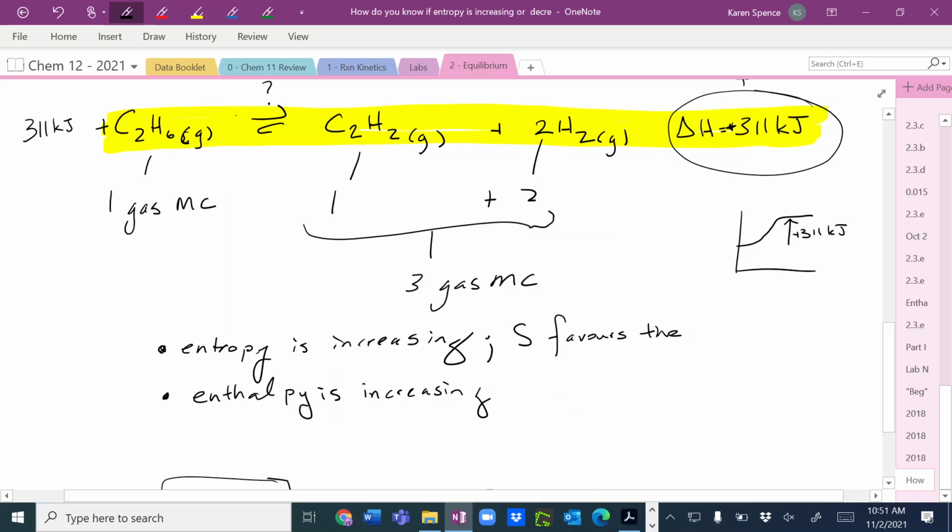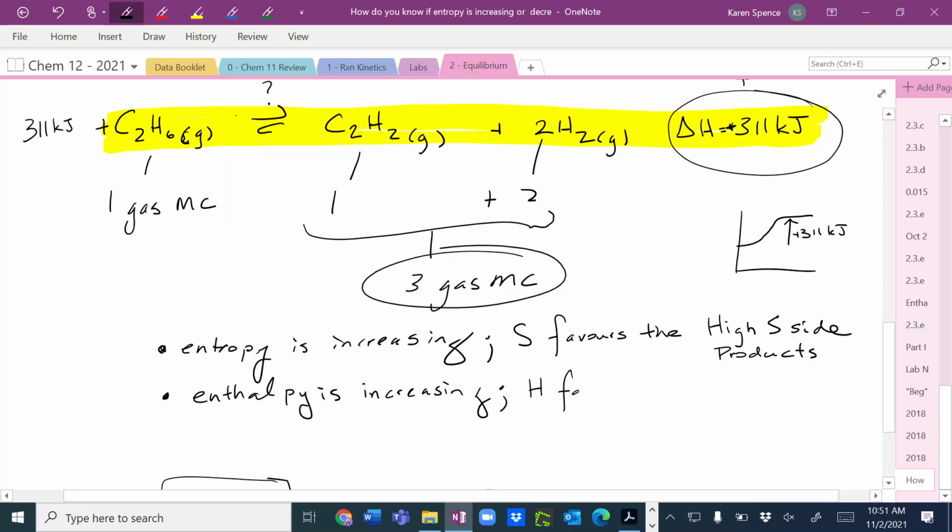So entropy favors the high entropy side, which is which side? Products, because we got 3 gas molecules. How about enthalpy? Does enthalpy favor the reactants or the products? Yeah, it favors the reactants because the low enthalpy side is favored.